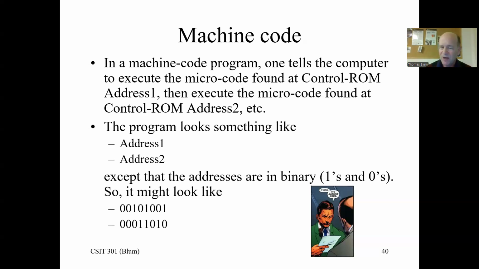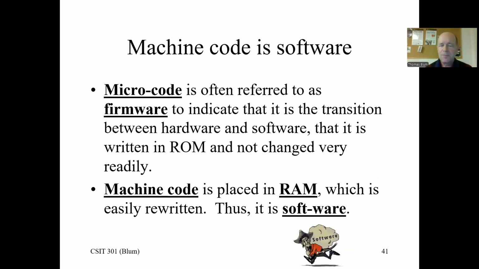So there are opcodes and operands. The addresses are the opcodes, and then there's the operand, which gets moved around by those instructions. But the machine code is software. That is what makes it soft, which makes it easy to change.